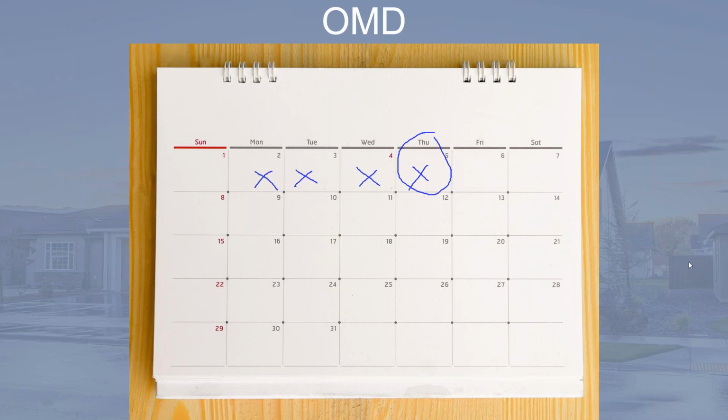Now, the other part of the rule there, if we want to take another example here, is let's say that we took the listing on Thursday. Okay, so listing date was Thursday, and day 1 is Friday, day 2 is Saturday, and day 3 lands on a Sunday.